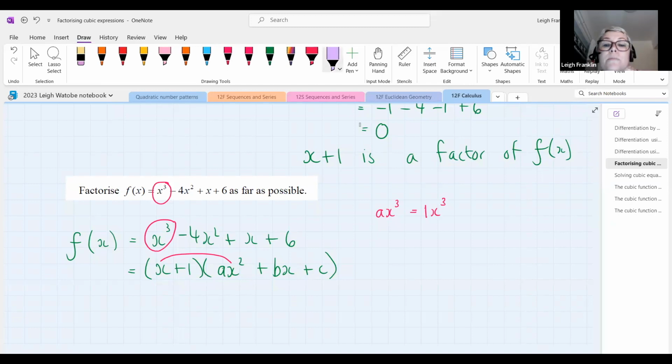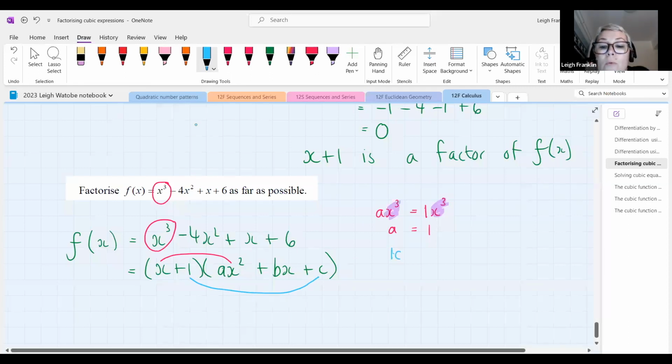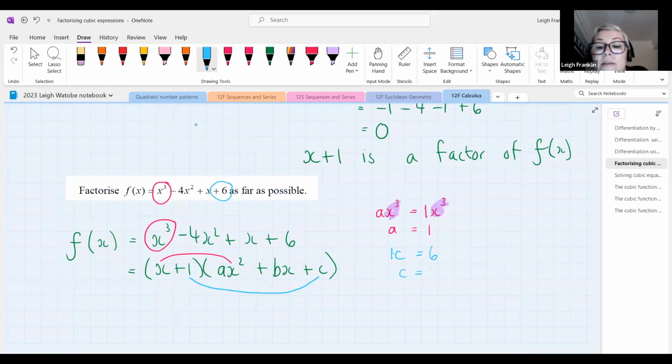So because my coefficients are the same, I can deduce that a must be equal to 1. The only way that you get the last term is by multiplying 1 with c. So 1 times c gives me the last term, which is 6. So c has to be equal to 6.